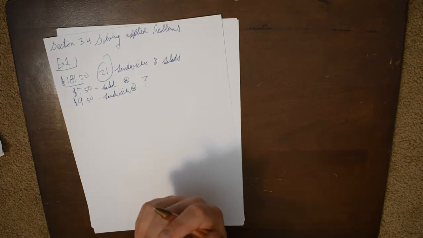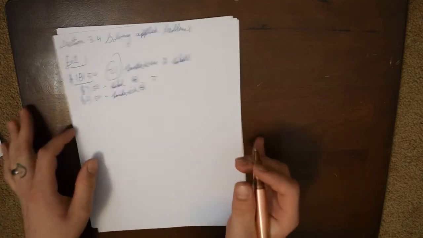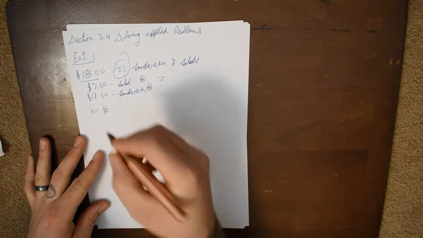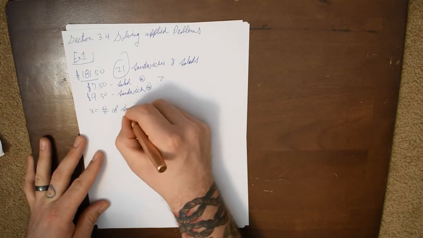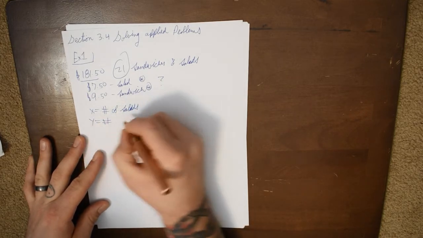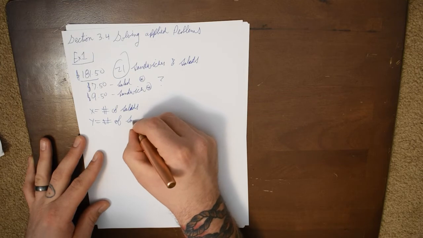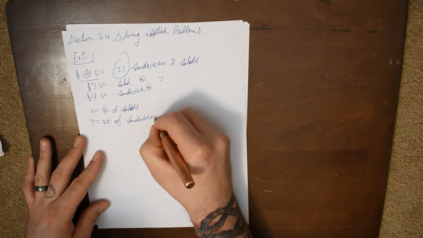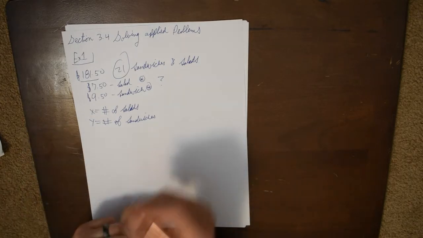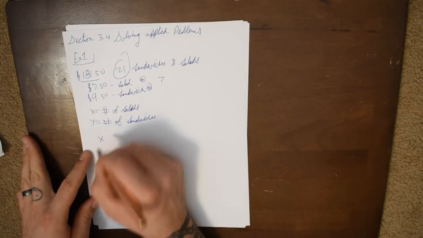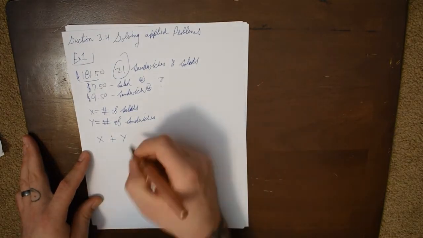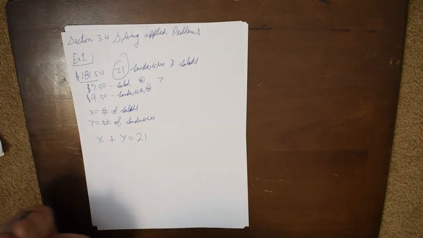So, we've got two bits of information here. I'm going to let X equal the number of salads, and we'll let Y be equal to the number of sandwiches. First off, we know that the number of salads plus the number of sandwiches has to equal 21.